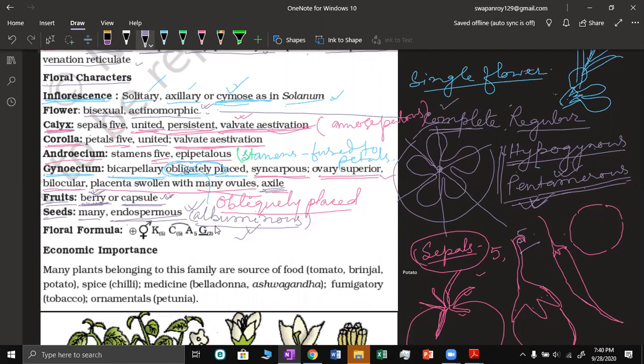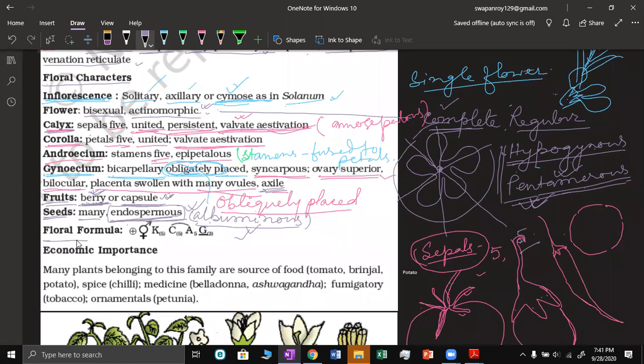So where endosperm is not there, they are called ex-albuminous or non-endospermic. But here the seeds are endospermic. Means in the mature seed also endosperm is present.